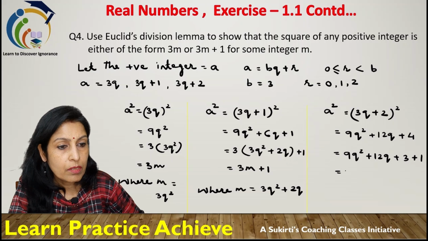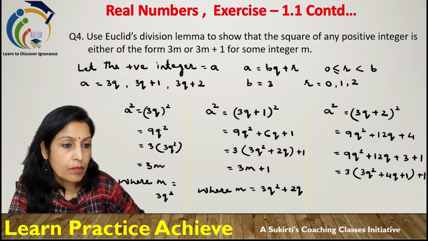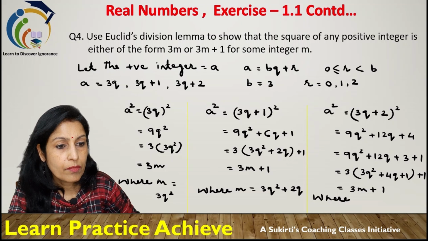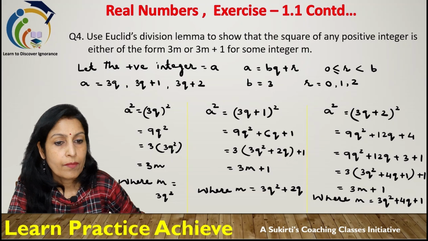Now take common 3. So this is 3q square plus 4q plus 1, again plus 1. So this can be written as 3m plus 1, where m is equal to 3q square plus 4q plus 1.